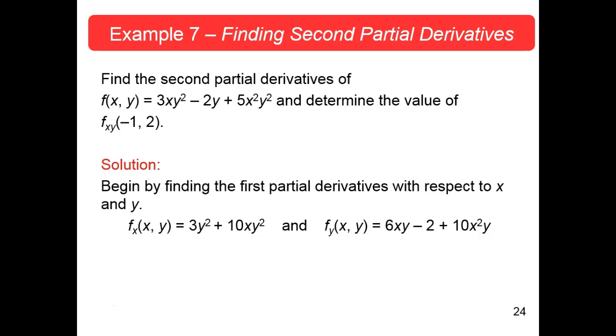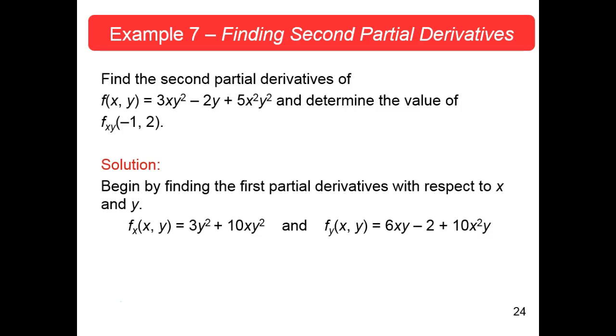Is what? 3y squared. That's the other constant. Partial of that with respect to x. 2. With respect to x, 0, because that's a constant. That with respect to x. 10x y squared. Perfect. And there we have that.